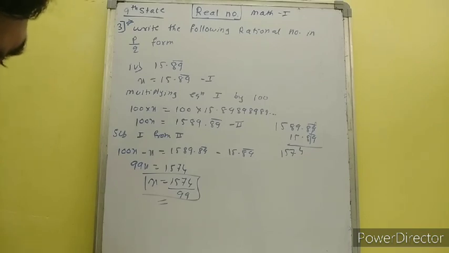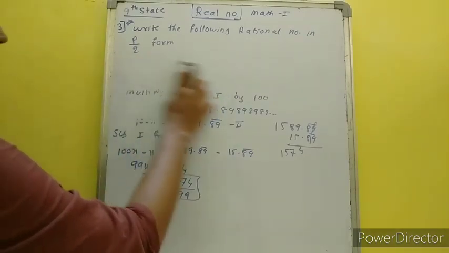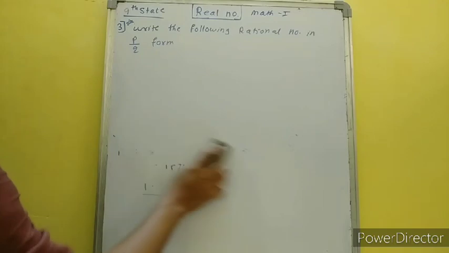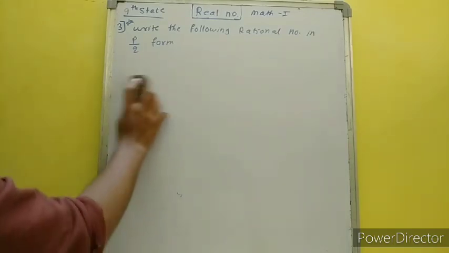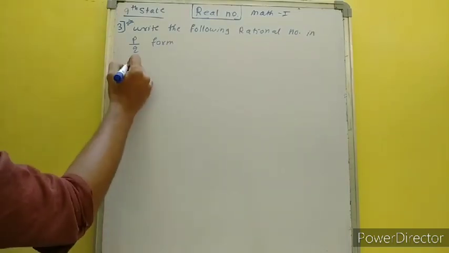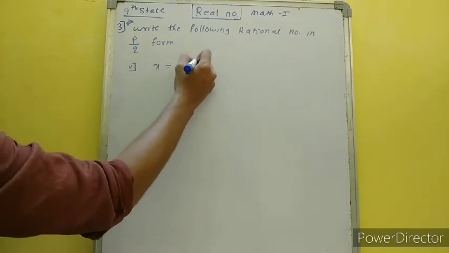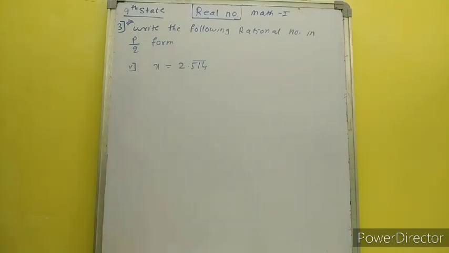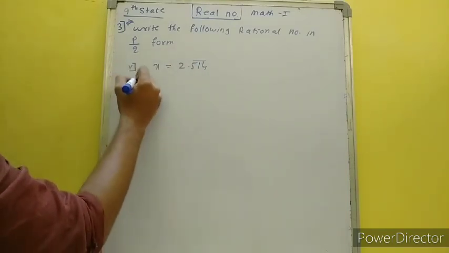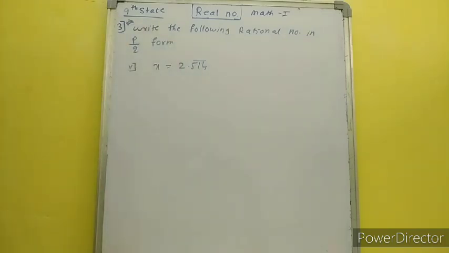We'll continue then. The last question for today as well as for this exercise is 2.514 recurring. I took x equal to 2.514 recurring, the fifth question.